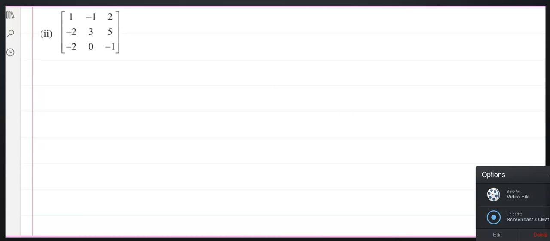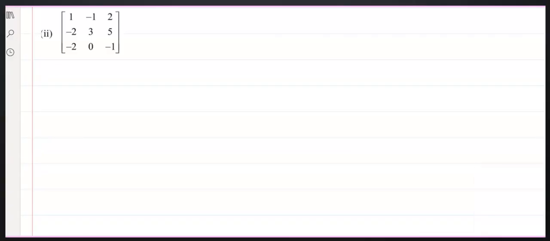Now the second one: 1, minus 1, 2; minus 2, 3, 5; minus 2, 0, minus 1. Here A11 is 1. Its minor is 3, 5, 0, minus 1. Overall it is minus 1. I am writing here directly. Sometimes after you have had too much practice, you can find its minor and its cofactor and solve this example by using the direct method also.